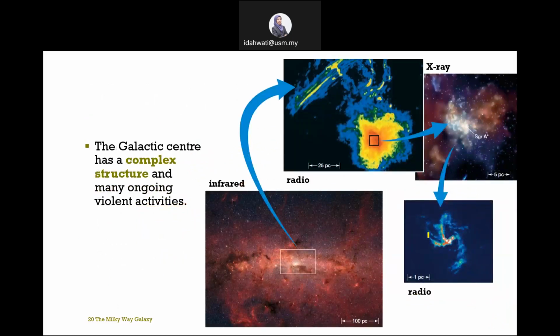The galactic center has a complex structure and many ongoing violent activities, such as here in the infrared. If we look at the radio, we see intense and complex structure, and also this one and this one.